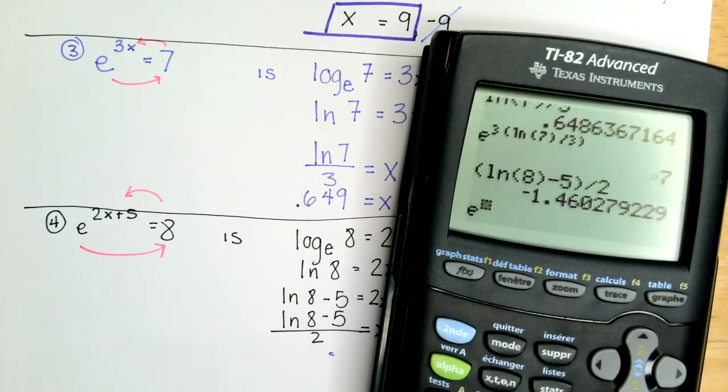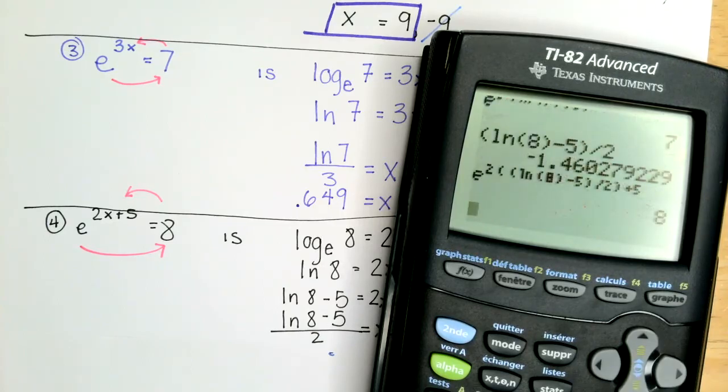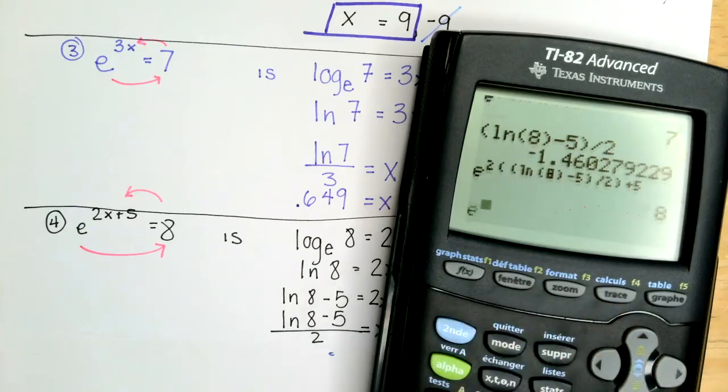So e to the power of 2 times natural log of 8 minus 5 divided by 2, plus 5, is 8. Or e to the power of negative 1.4602792.